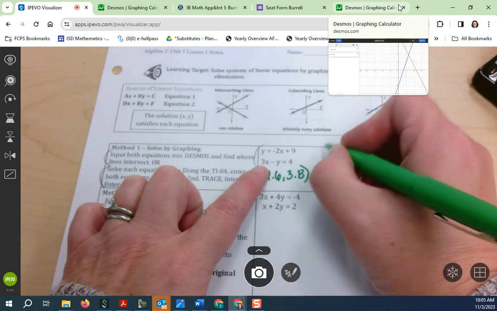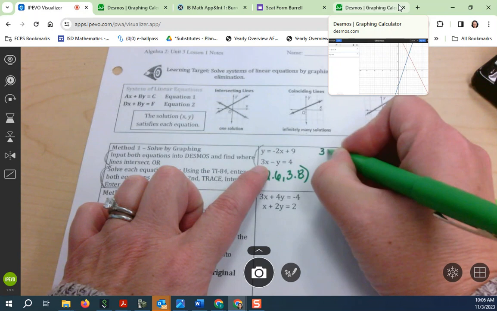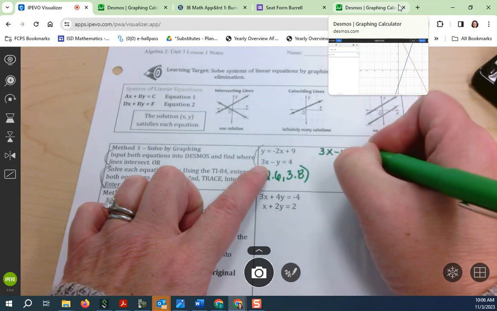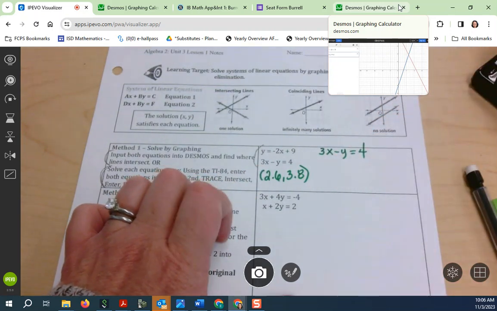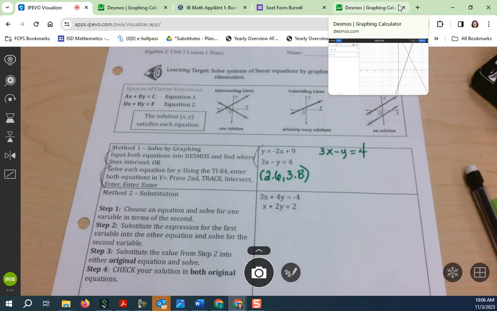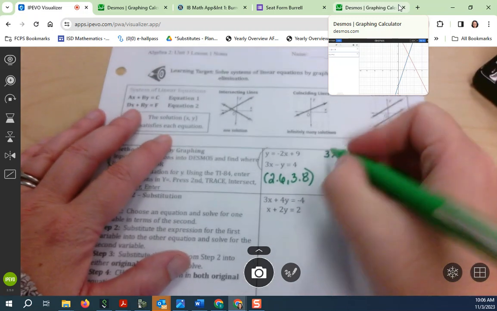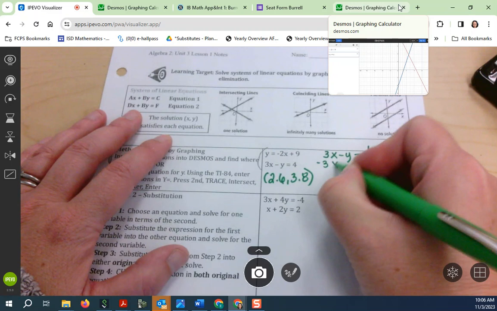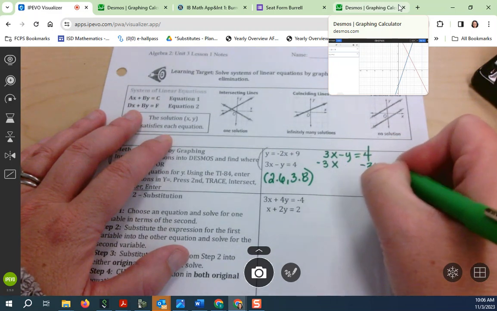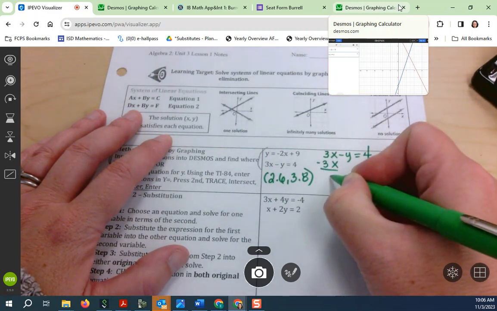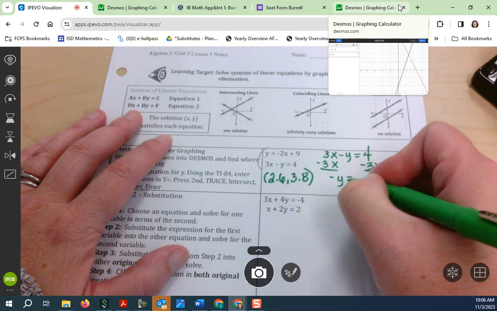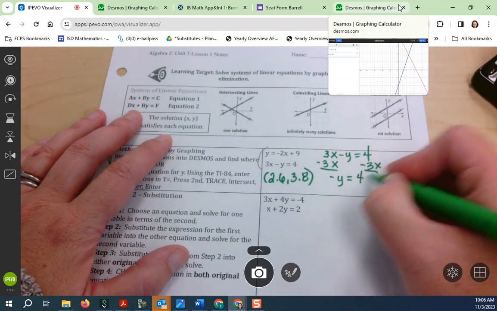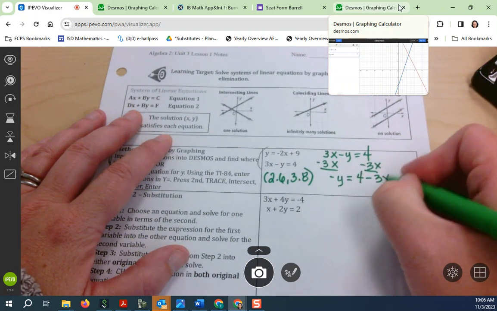So here's what I'm going to do. I'm going to take this equation, 3x minus y equals 4, and I'm going to solve it for y. So I'm going to subtract the 3x from both sides, and I have negative y equals 4 minus 3x.